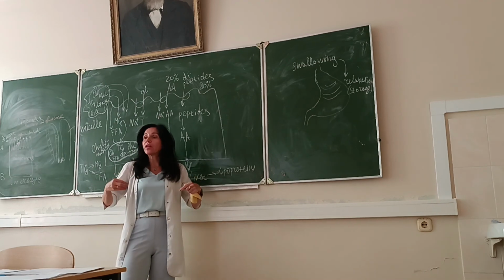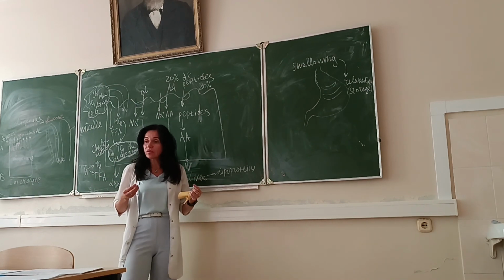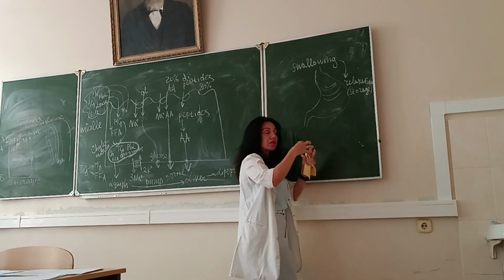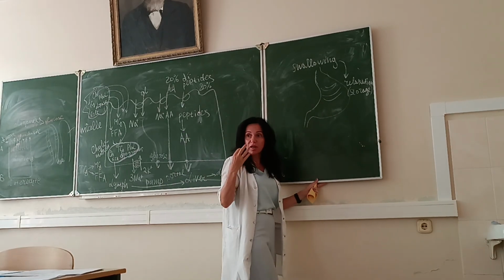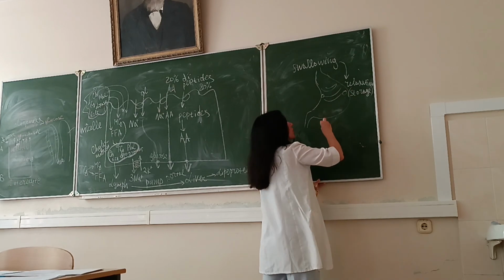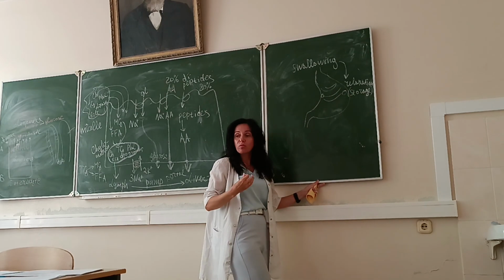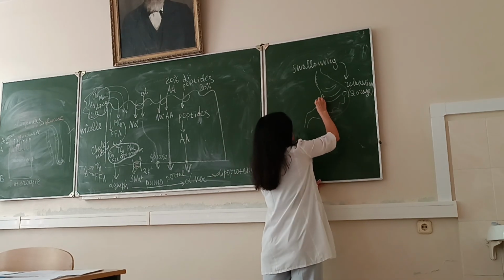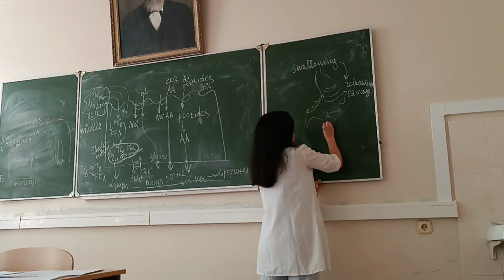Then, during eating, pacemaker centers, motor centers of smooth muscles, located in the beginning of the stomach body, create waves of peristalsis.